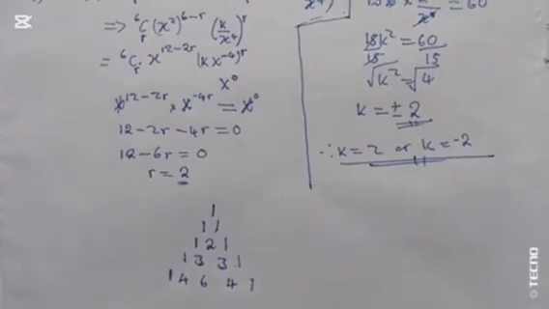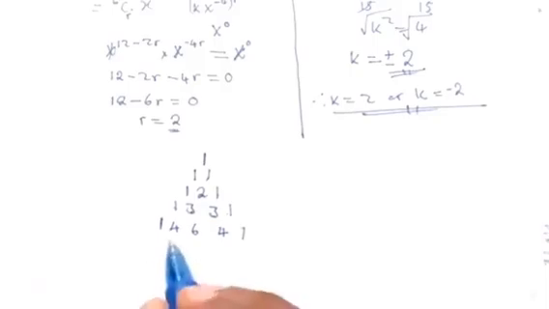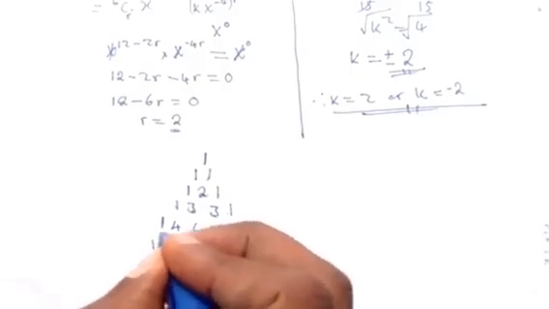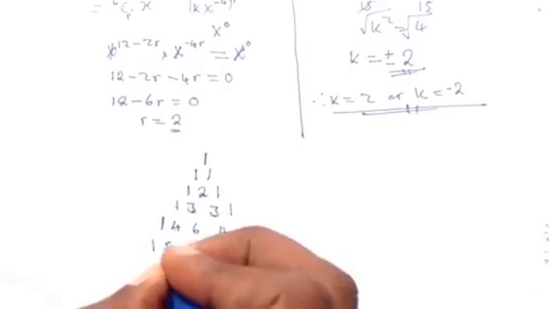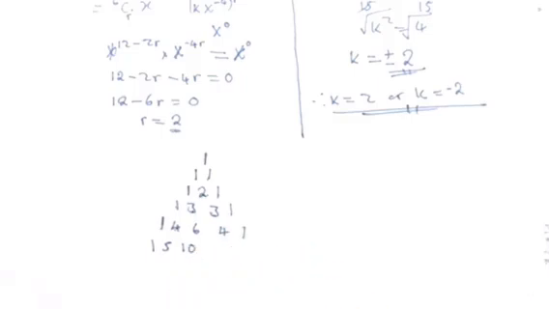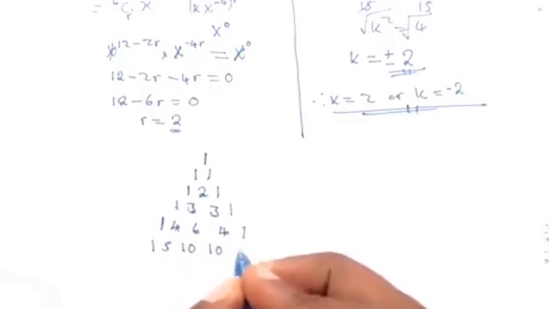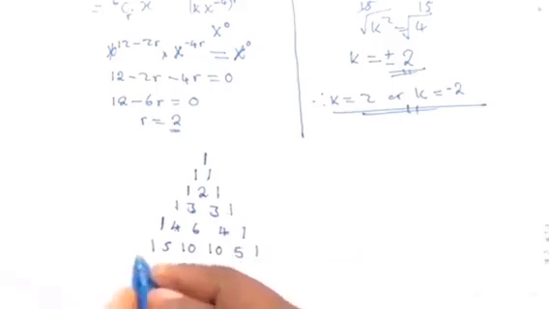So a fifth term, like the one that we have been given there, to the power 5, we'll start 1. 1 plus 4 is 5. 4 plus this one, it will give us 10. It will give us 10. Then this and this again, it will give us 10. This and this, it will give us 5, and then 1. So end there.